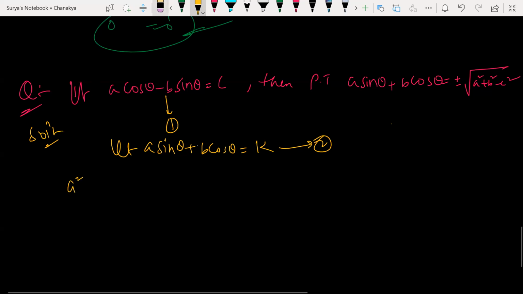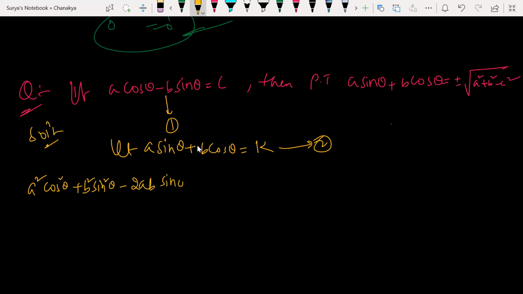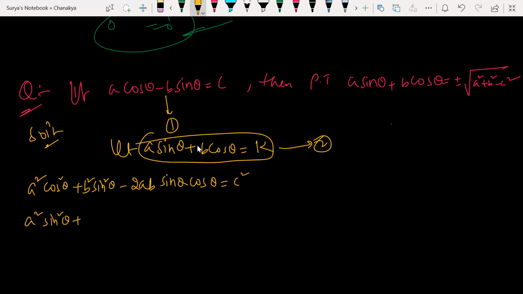If I square both sides, what would I get? a square cos square theta plus b square sin square theta minus 2ab sin theta cos theta is equal to c square, and squaring both sides for this, a square sin square theta plus b square cos square theta plus 2ab sin theta cos theta is equal to k square.